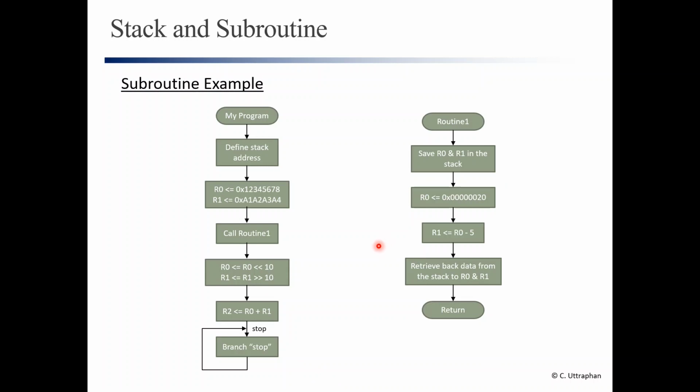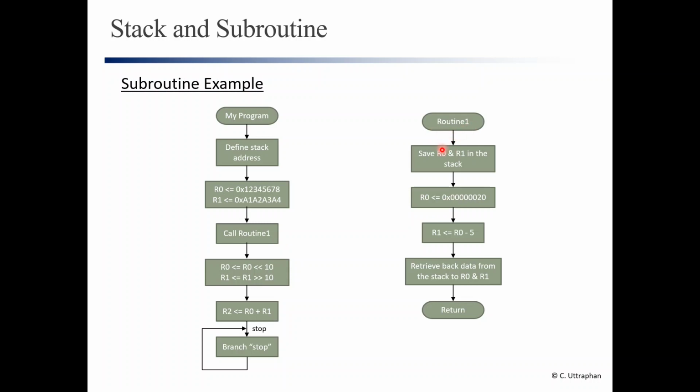Now, let's look at what the program does. First, we define the stack address. Then, we load these values into R0 and R1, respectively, meaning that R0 and R1 initially contain these values. Then, we call the subroutine, routine 1. Thus, we jump to routine 1.